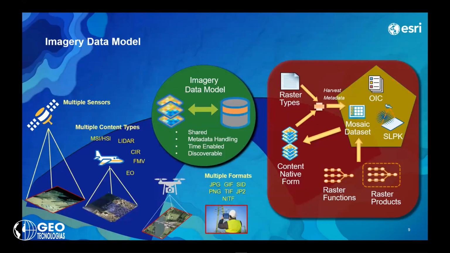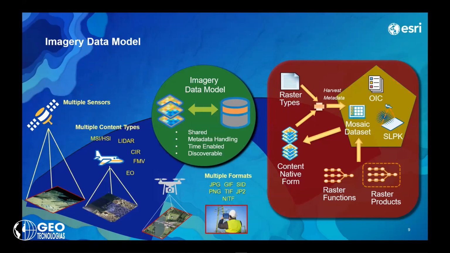So if you look at what ArcGIS provides for you to be able to collect and manage and process and disseminate this content, all of that capability is what we refer to as the imagery data model.